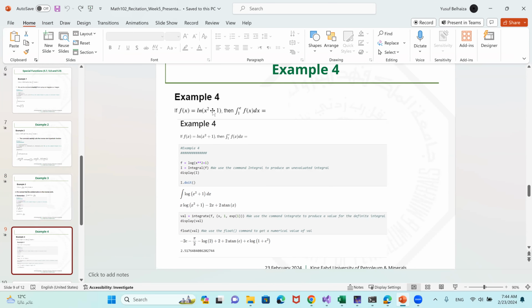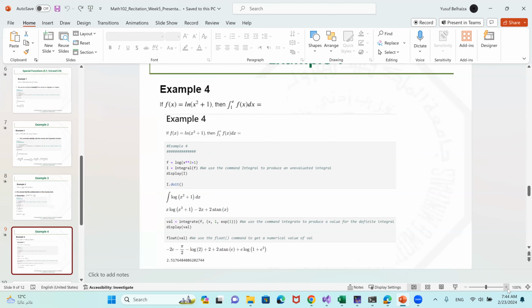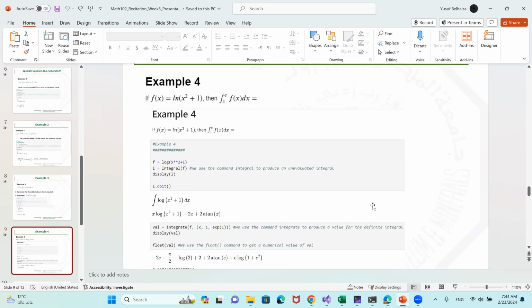And in example 4, we have to define f of x as ln of x squared plus 1 and integrate f from 1 to e. So in this example, in the first slide, there was a tiny misplaced image. We corrected it.